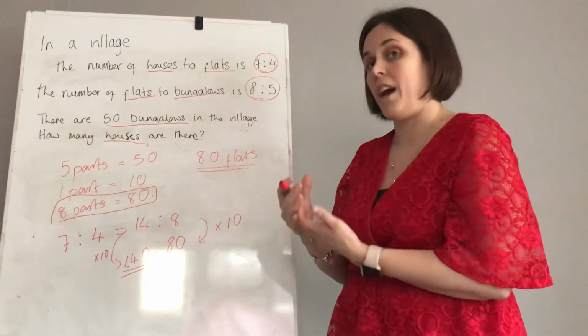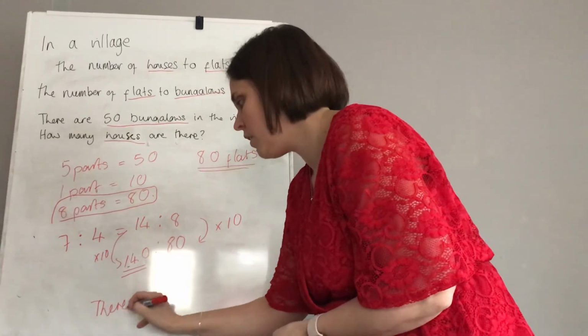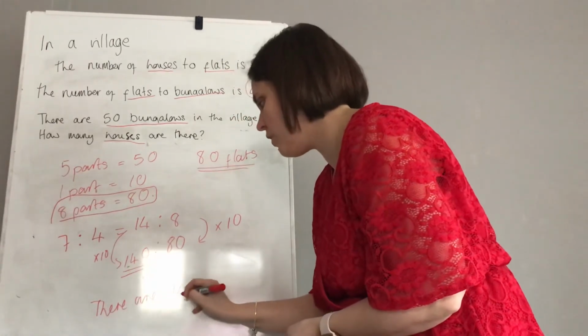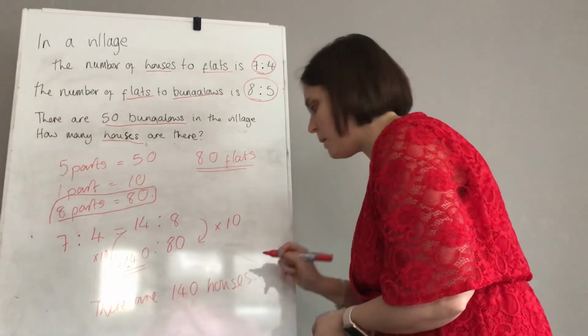And so therefore our answer to this question is that there are 140 houses, which is what you've been asked to do.